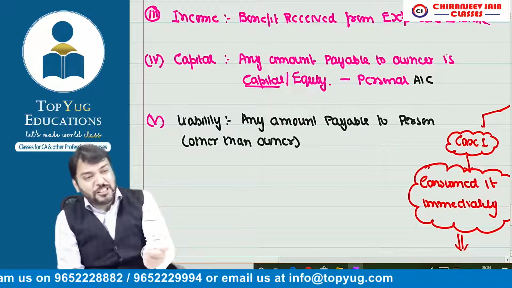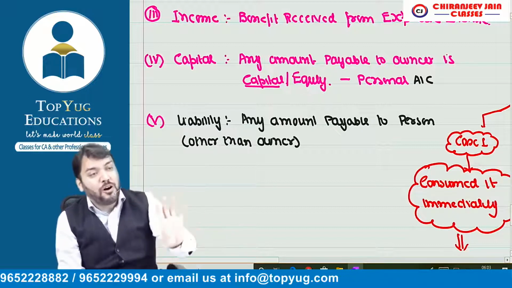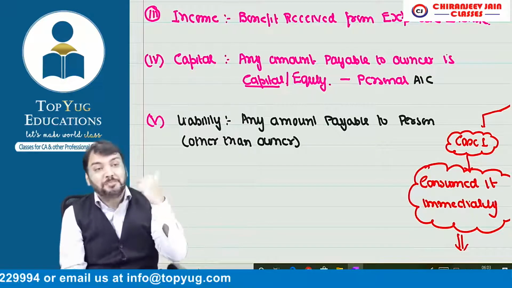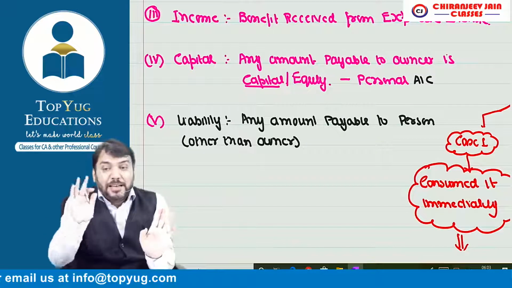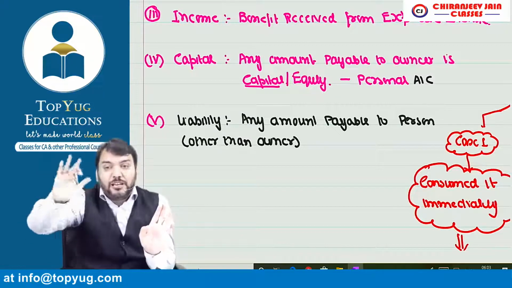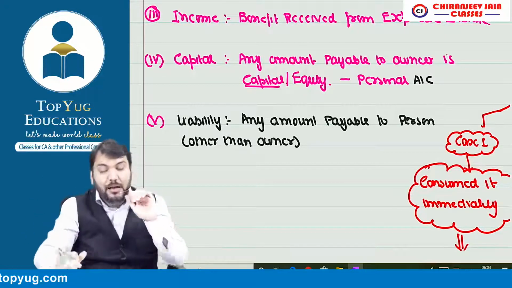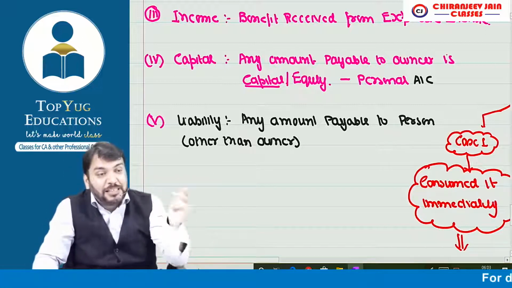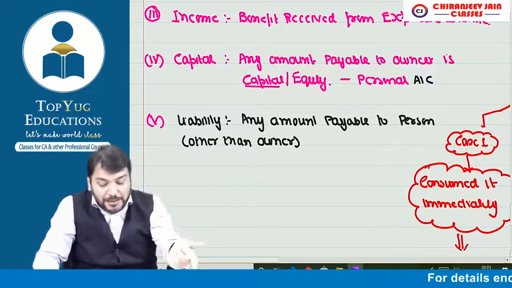So any amount payable to any other person who is not the owner, meaning outsiders. When you pay an outsider, it means payable in future. Right now you have not paid. Any amount which is payable in future becomes a liability.